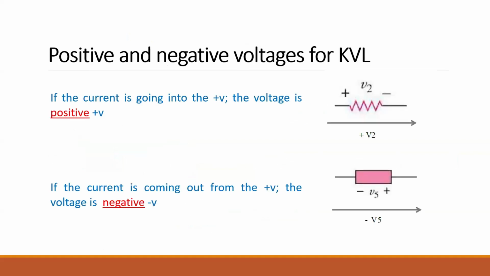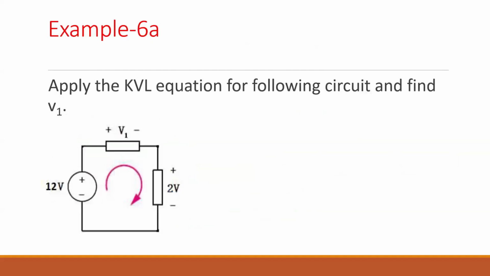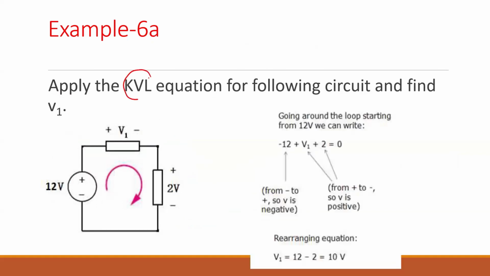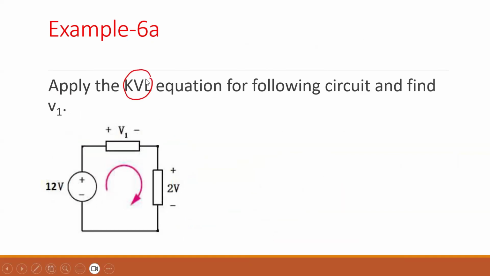Okay. Don't worry about this one. I want you to do this and find me V1, please. Apply Kirchhoff's voltage law, KVL, and find me V1. Start at a point, any point, and go along the path. Should we add or subtract 12?